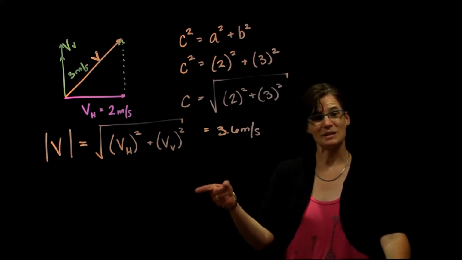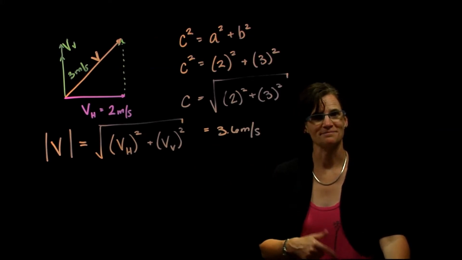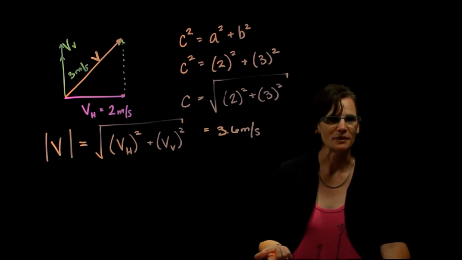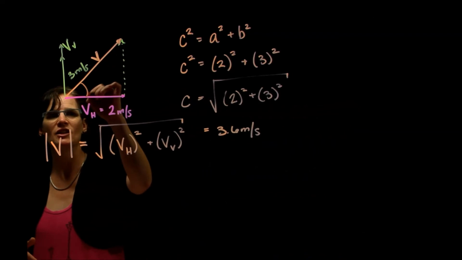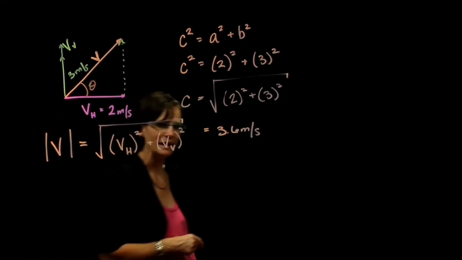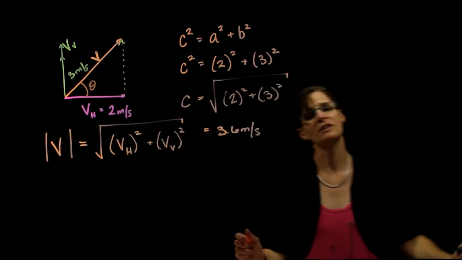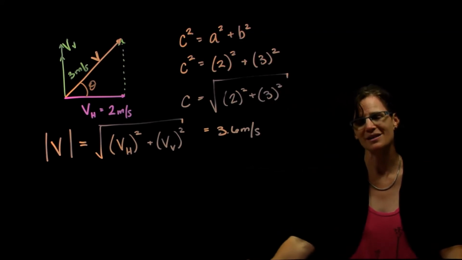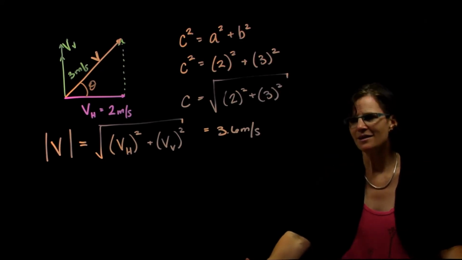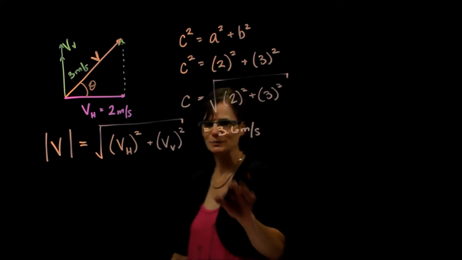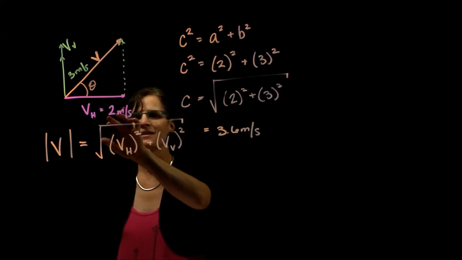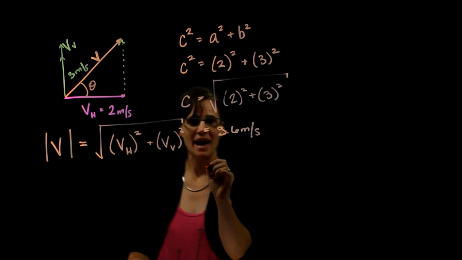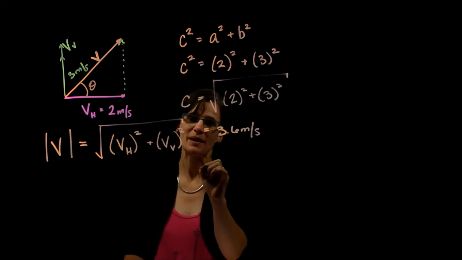Okay, so that gives us magnitude, but how about direction? Well, we again remember our trigonometry. The direction is defined as the angle that the vector is moving at. Typically, we're going to describe that angle with respect to the positive x-axis. If I'm going to get that angle, I have the opposite and the adjacent sides, which is related to the tangent. So think back to SOHCAHTOA.